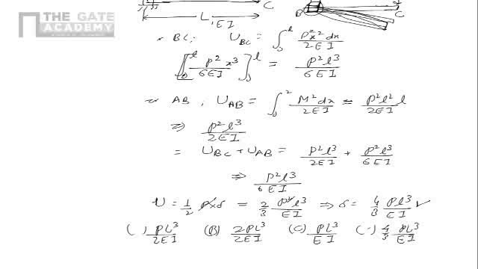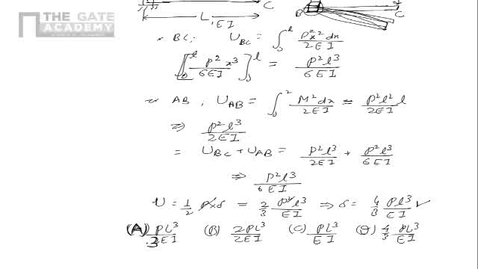Now let's see if we can, without even solving, eliminate a few options. It makes life easier. So let's see if we can eliminate a few options. See, the first answer is PL³ upon 3EI. Oh, I'm sorry, this is 3EI.